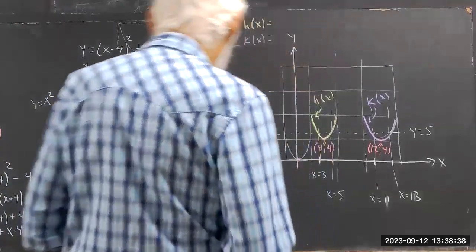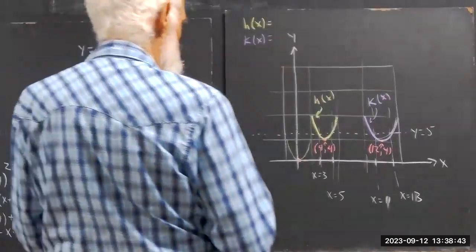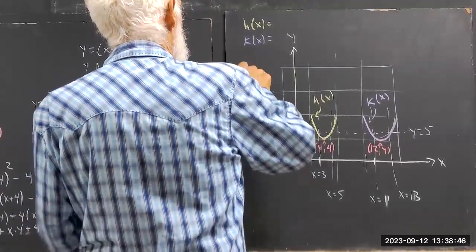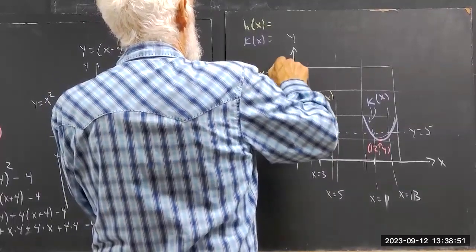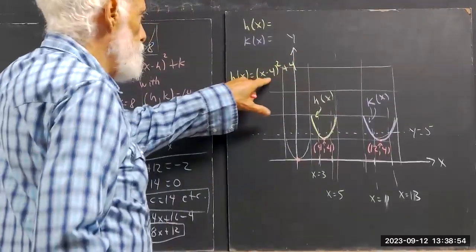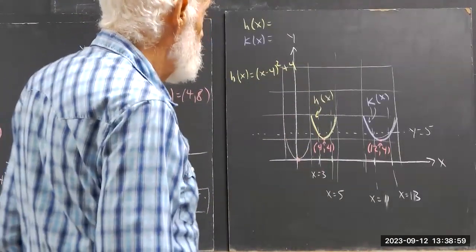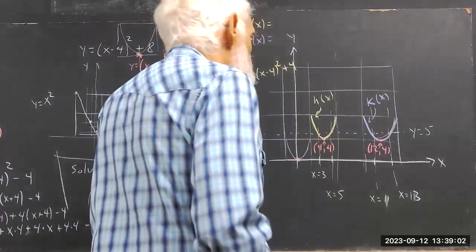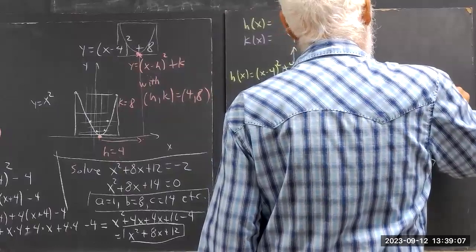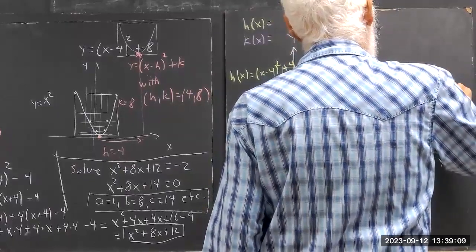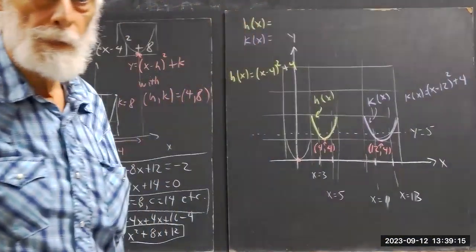Which means that h of x is (x minus 4) squared plus 4. And k of x is (x minus 12) squared plus 4.